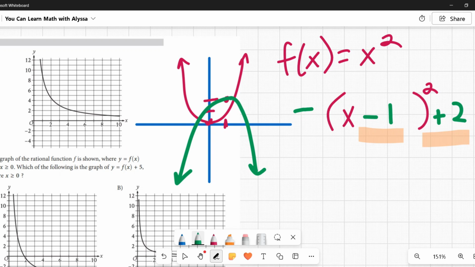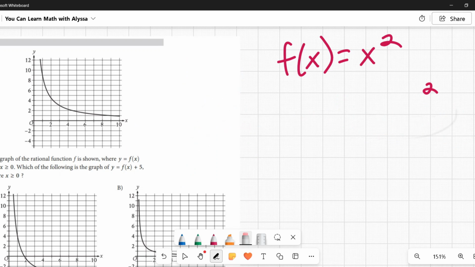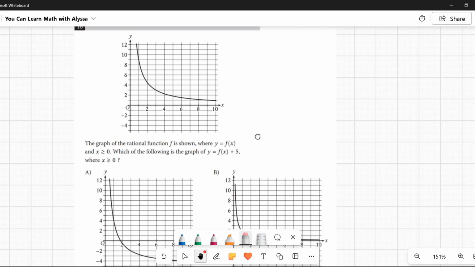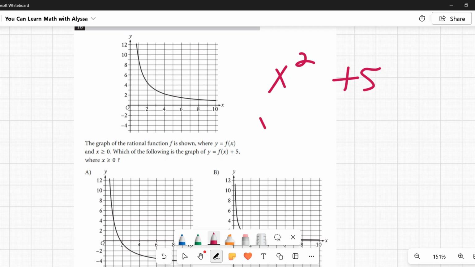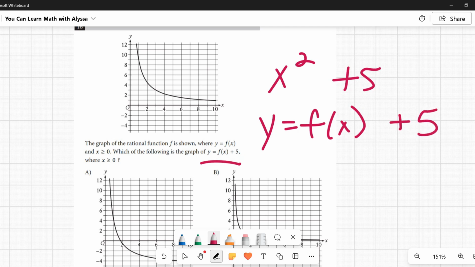These basic rules are worth practicing and worth remembering. It comes up all the time. Here, this looks a little bit different, because it's not that we had x squared and then added 5. It was y equals f of x, and then y equals f of x plus 5.